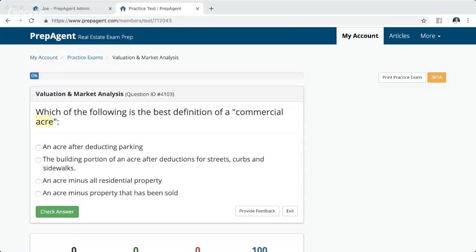But the process is you would multiply that 3,000 by 12, and you would get 500,000 divided by 36,000, and you get your annual gross rent multiplier. Has everybody got that?